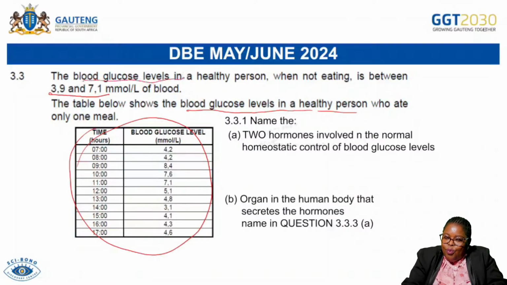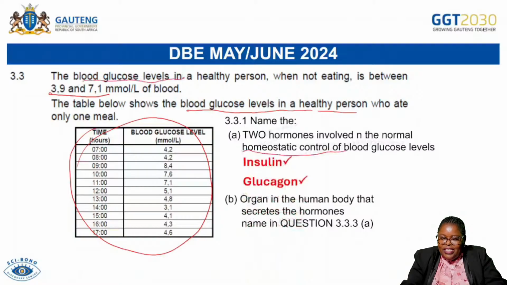So name the two hormones involved in normal homeostatic control of blood glucose level. We have already indicated that we've got insulin that is going to be secreted and also glucagon. Now, name the organ in the human body that secretes insulin and glucagon.